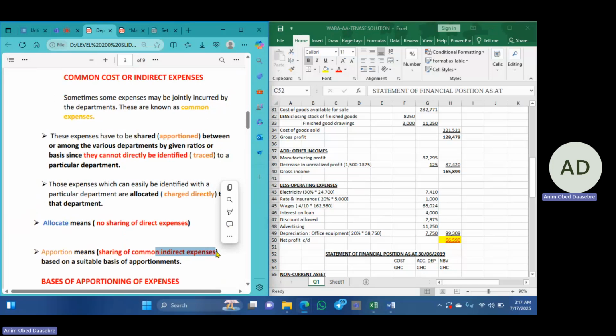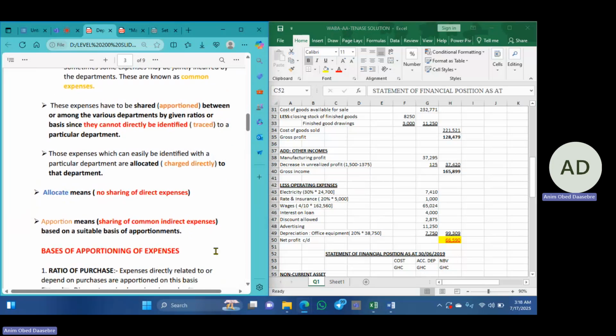So for the non-factory overheads and factory overheads, they can tell you to apportion some percent toward the manufacturing accounts and the remaining percent toward the operating expenses. This apportionment means that you are going to share those factory and non-factory overheads, maybe 40% to the production department and 60% to the operating expenses.